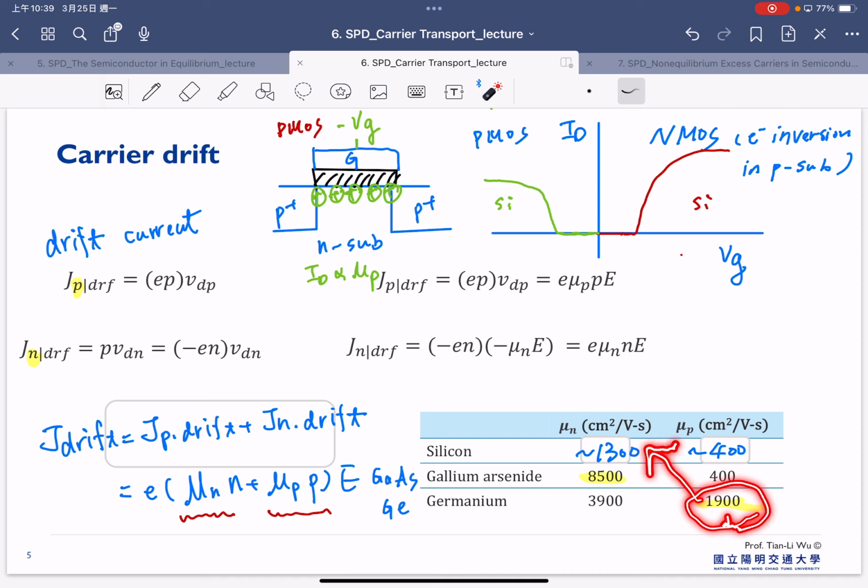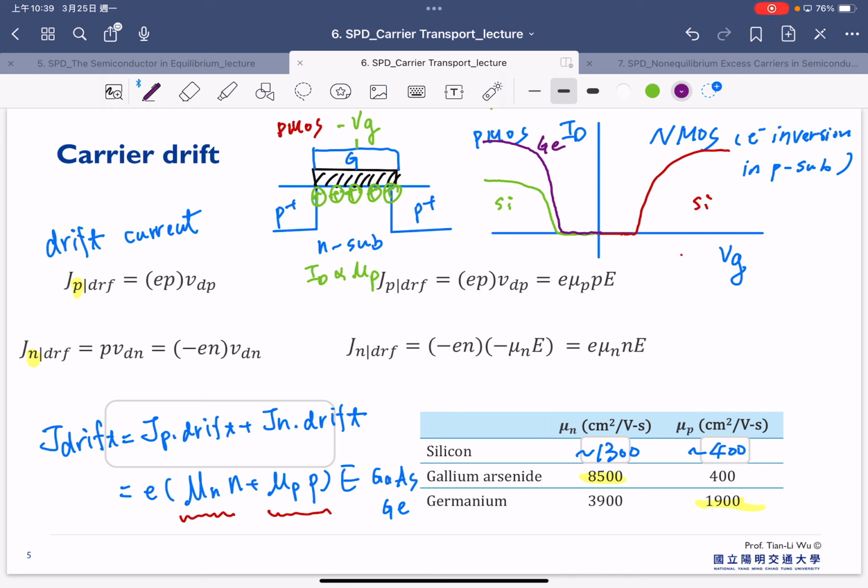So ideally, if we use germanium as the material to fabricate the P MOSFET, then the current should be roughly the same as in the N MOSFET. So that's why we care so much about the mobility, because the mobility in the end will influence our current. And the current in the end will influence the performance of our electronics.